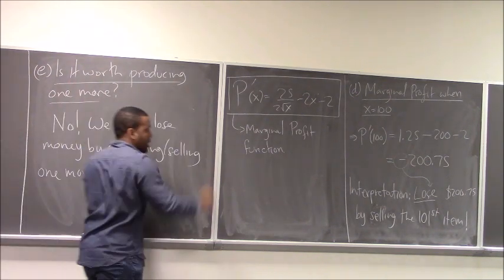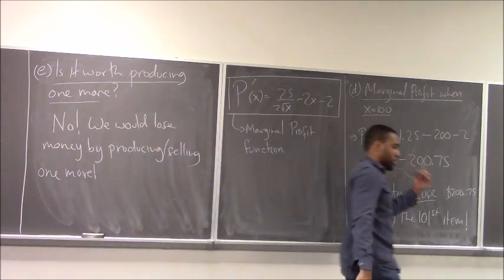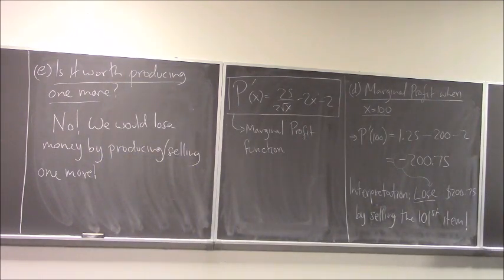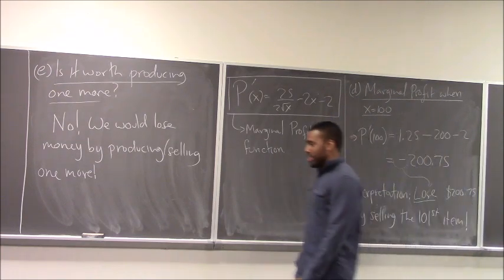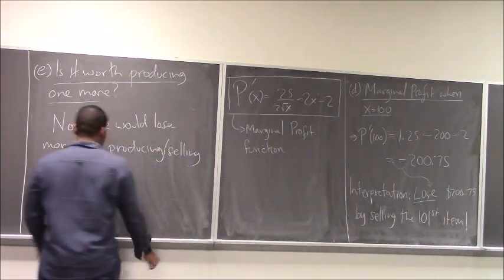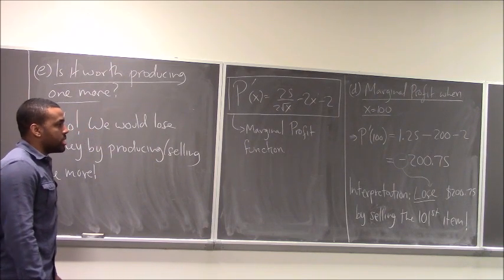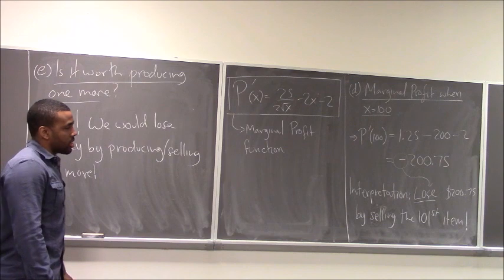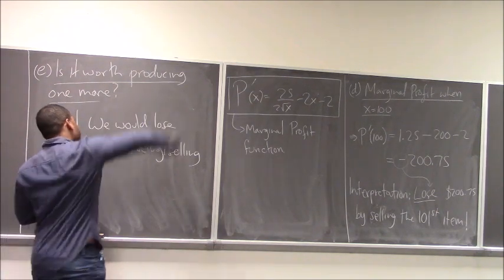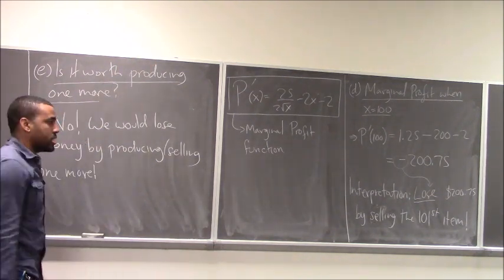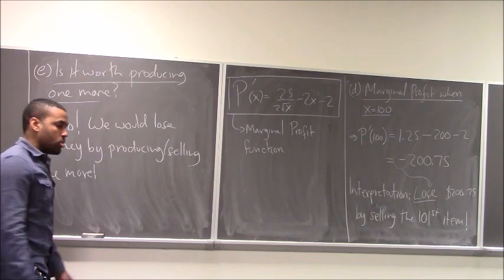In fact, the fact that our marginal profit is minus 200 probably means we shouldn't have been producing for a while. We're in the hole by a lot there, relatively speaking. One reason why is that our cost function was actually a quadratic. That means our costs kept increasing, and it turns out that it outdid our revenue.